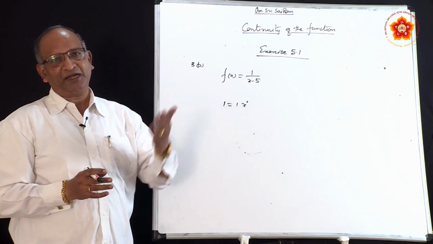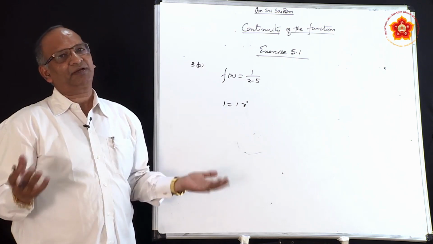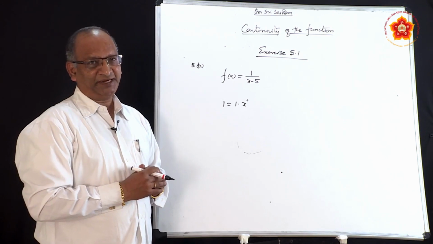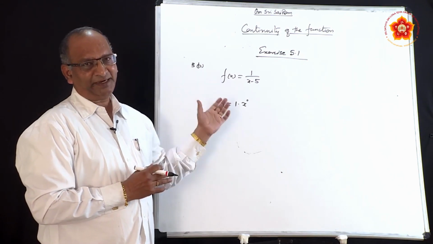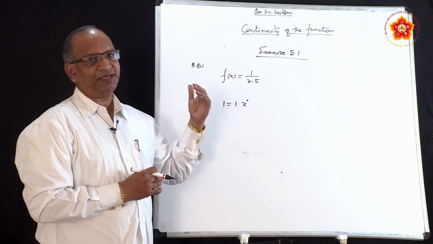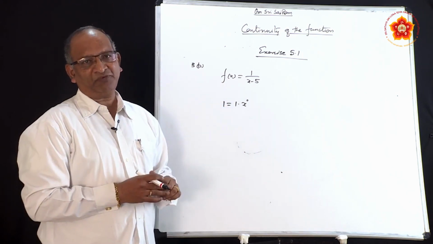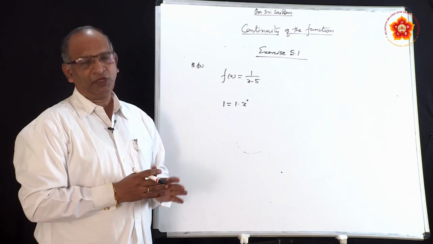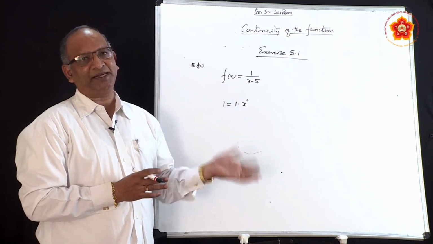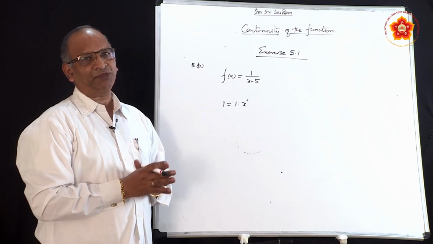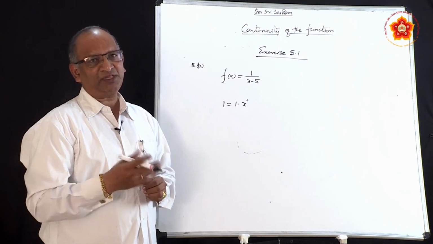A continuous function divided by another continuous function is continuous. You can directly say that the given function is continuous because the numerator being a constant function is always continuous. The denominator being a polynomial function is also continuous. So, the rational function is continuous. You do not even need to solve the problem and you can conclude this way. Let us move to the third problem.